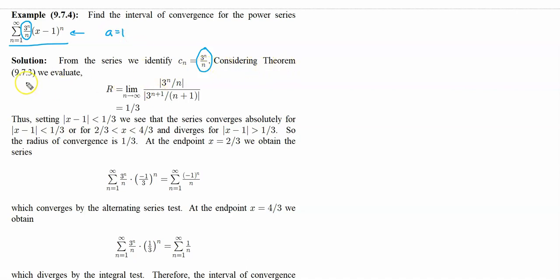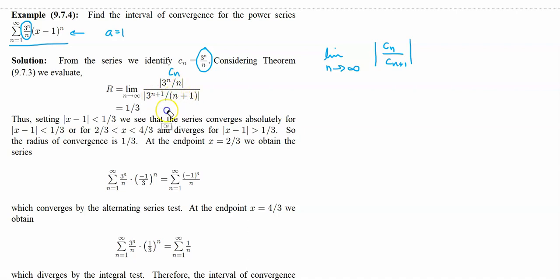Now thinking back to the previous theorem, we need to evaluate the limit as n goes to infinity of the absolute value of Cn over Cn plus 1. So in this case, these terms are going to be 3 to the n over n. See, that's the Cn. And then in the denominator, we have our Cn plus 1. We just replace the n's here with n plus 1.